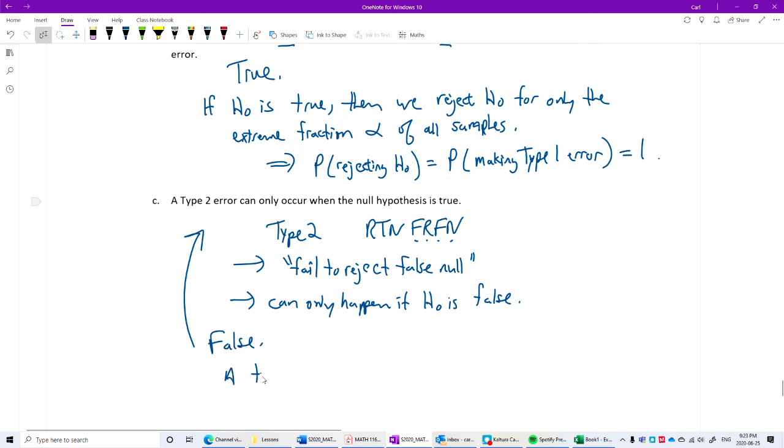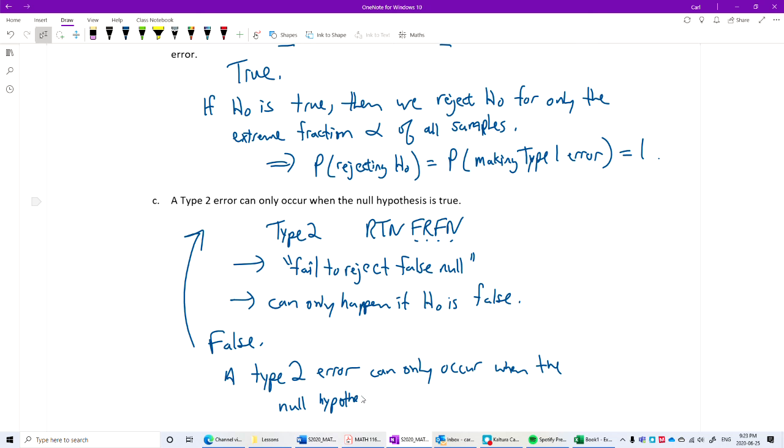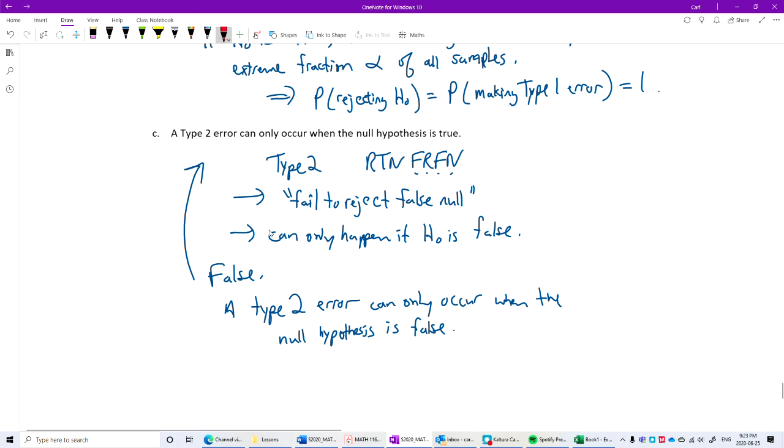What would be true would be: a type 2 error can only occur when the null hypothesis is false. It's kind of like saying, what is a type 2 error? It's like a false negative.